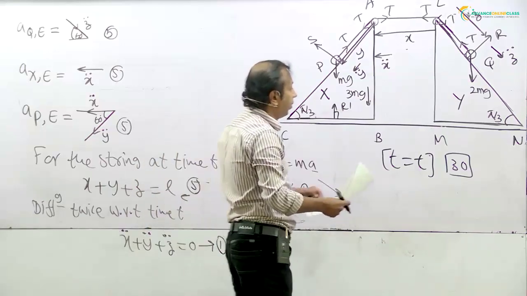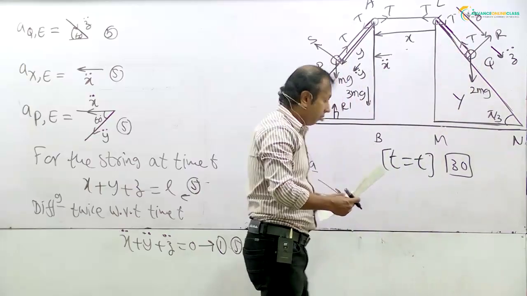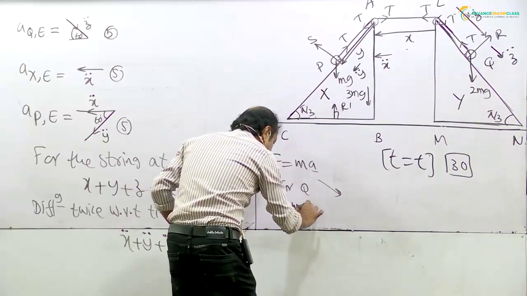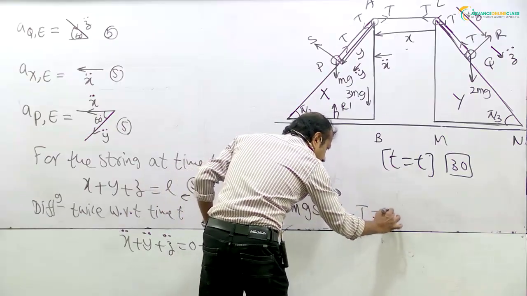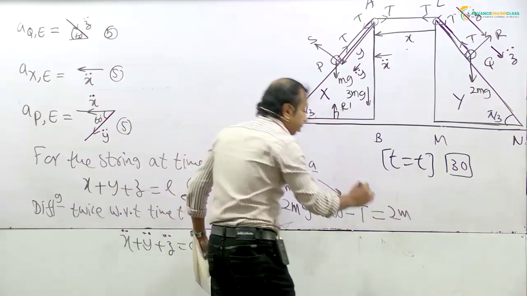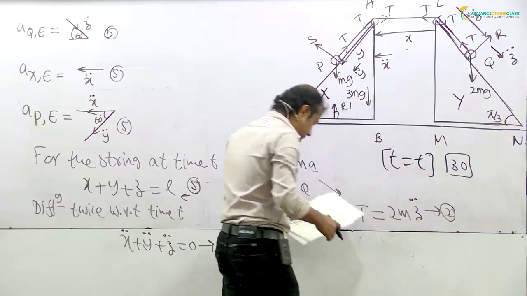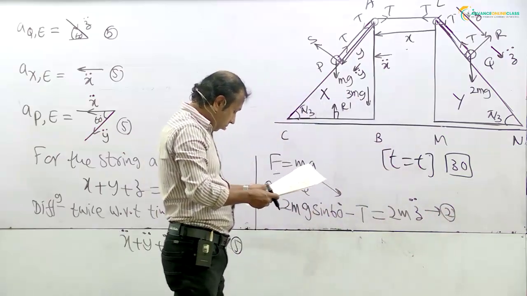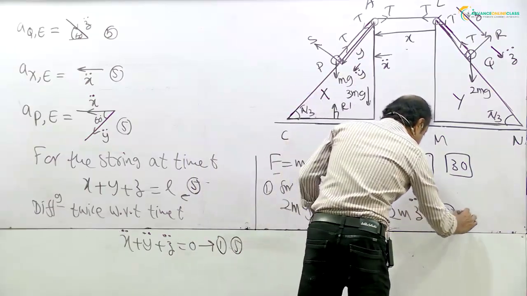What do you get? 2mg sin 60 minus T equals 2m times the acceleration, and the acceleration is z double dot. That is equation number 2, 10 marks.